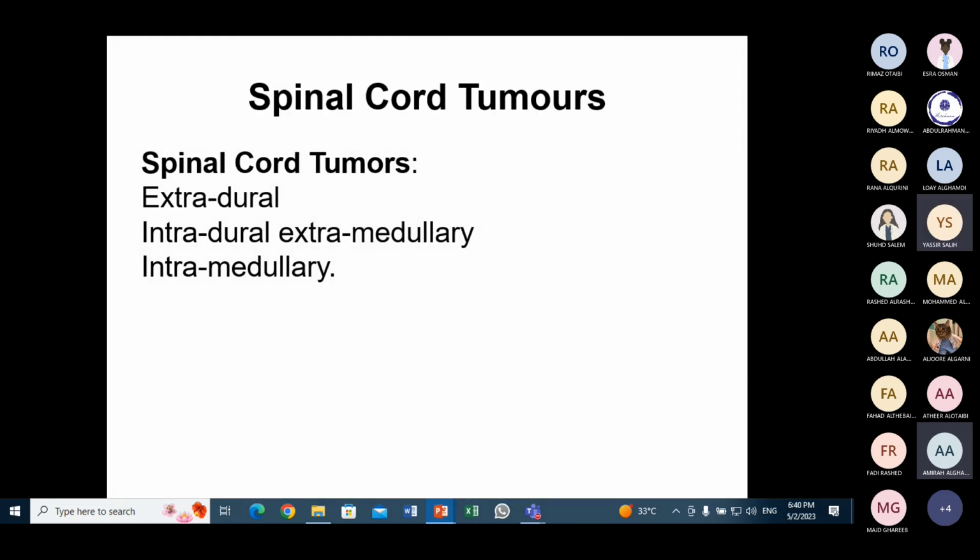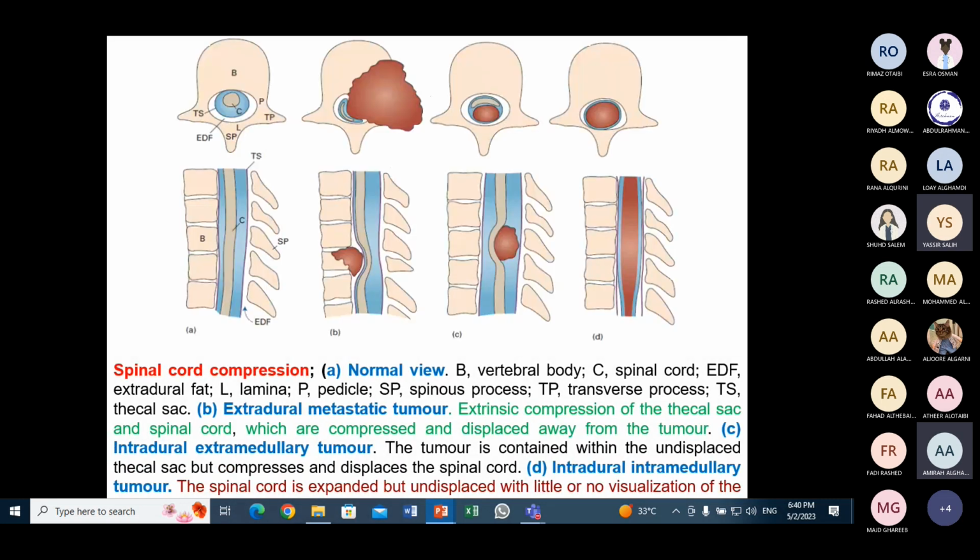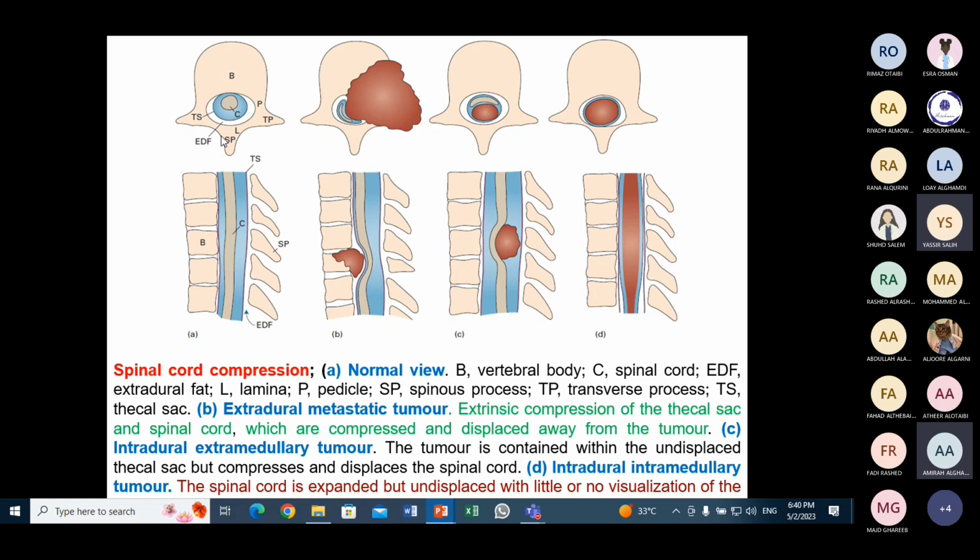Spinal cord tumors may be extradural, intradural, or intramedullary, so we can classify the tumor when this is a normal appearance. As we said before, you have the spinal cord, the thecal sac, the spinous process, transverse process, and the lamina.